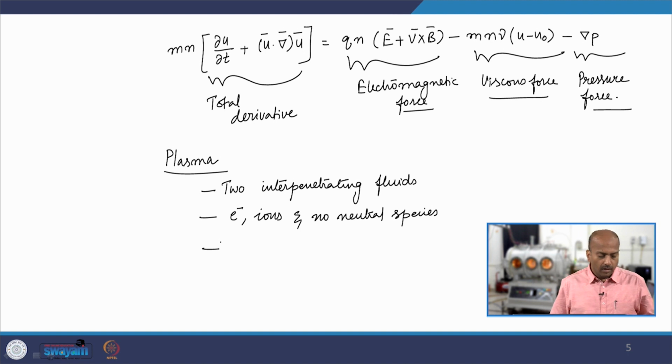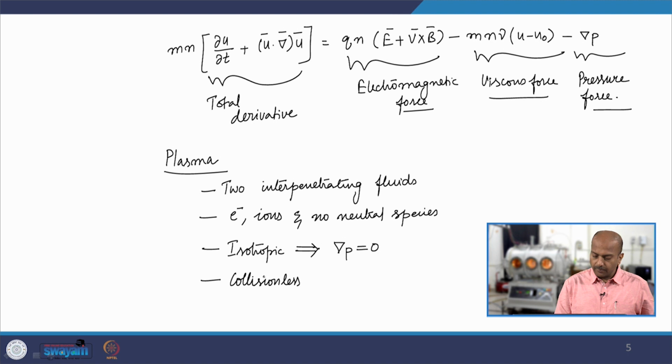Then we consider plasma to be isotropic. So, that means that the plasma density is the same in all directions. So, we can say for simplicity that there will not be pressure gradients in the plasma, and we consider plasma to be collisionless. So, what does it mean? It means that we do not have to worry about the collision term.